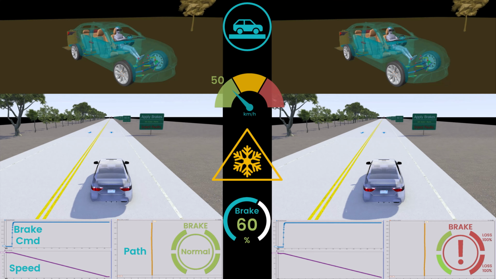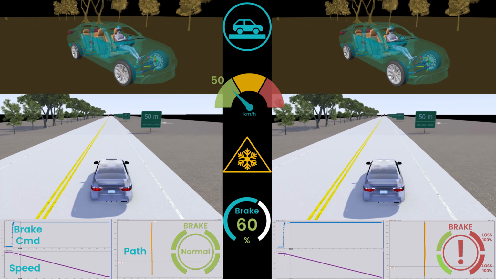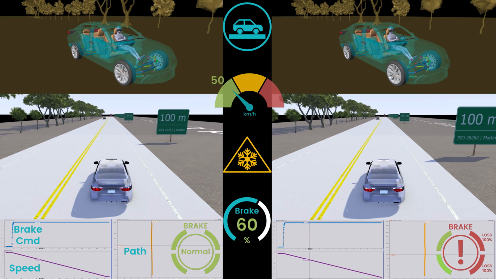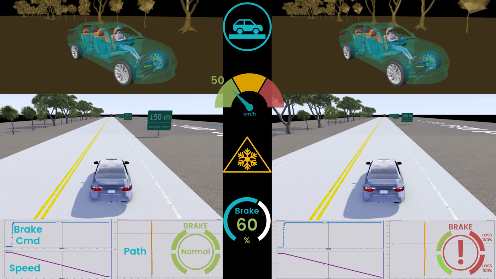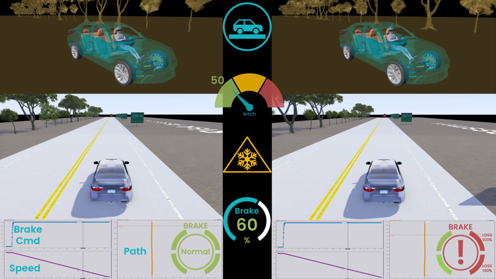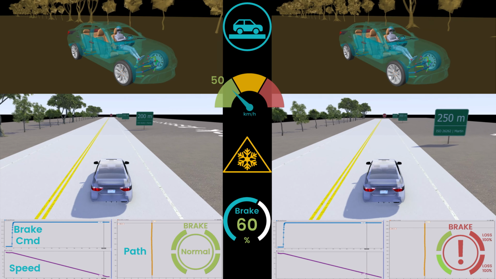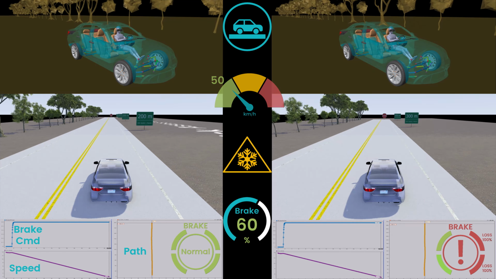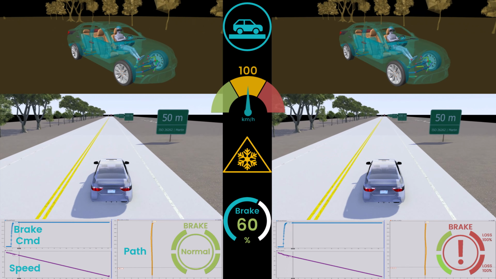To move on, we evaluate brake loss failures under low friction conditions on an icy road. Next, the vehicle speed is increased to 100 kilometers per hour.